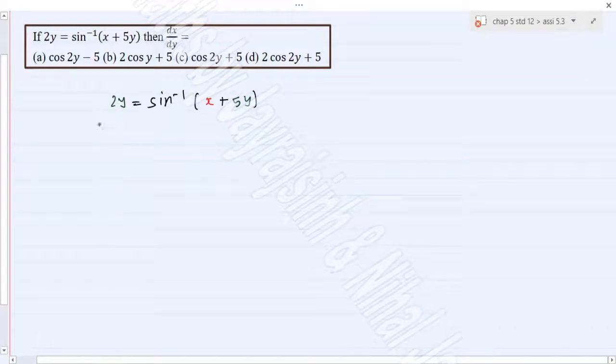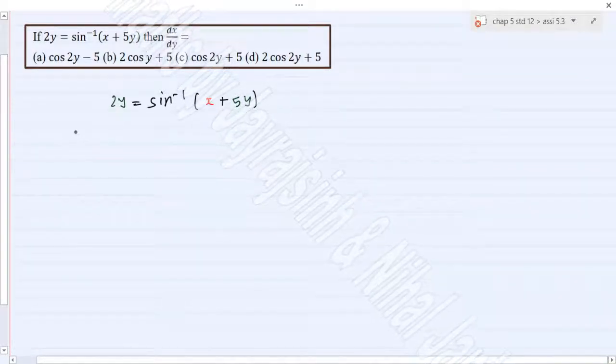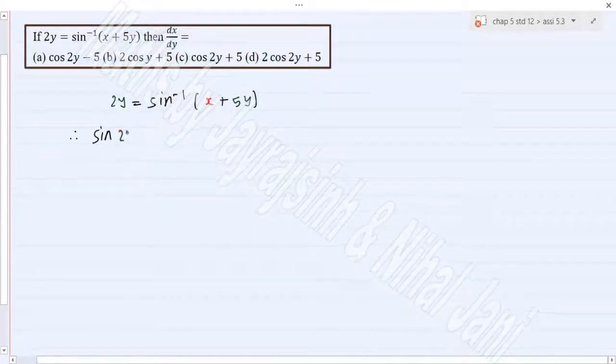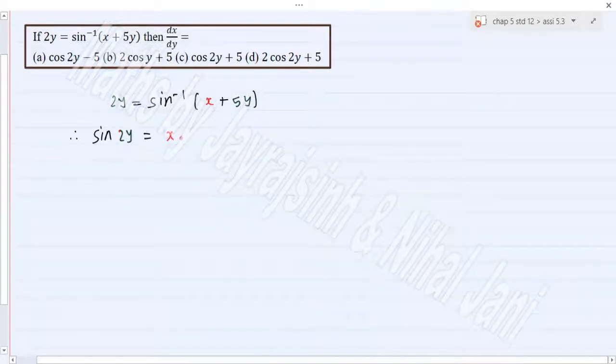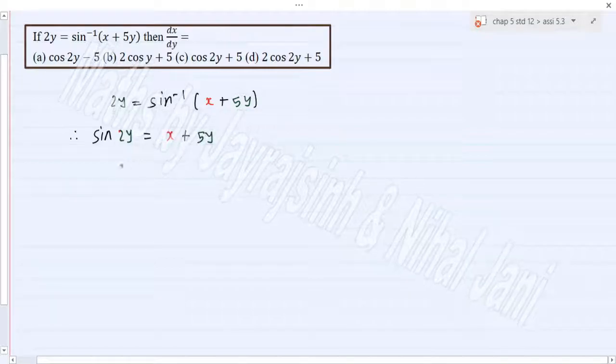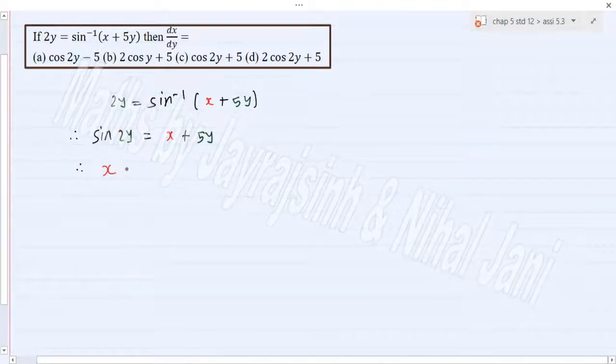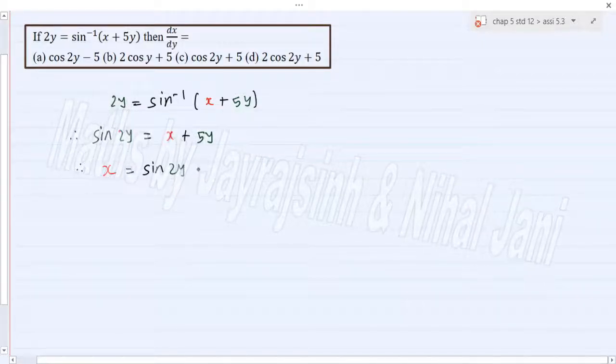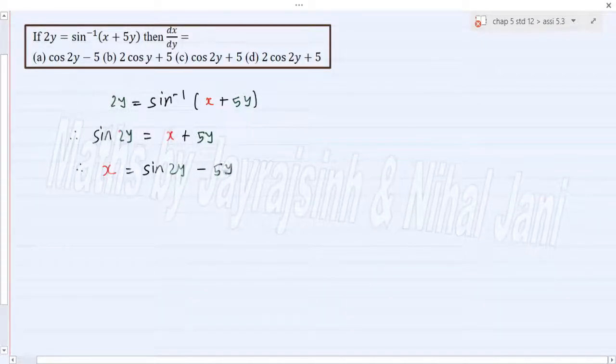So, as we plan, let's make x the subject. We can say, we get sine 2y is equal to x plus 5y. So let's make x the subject. So we'll get sine 2y minus 5y.